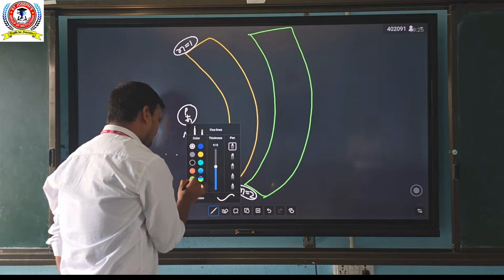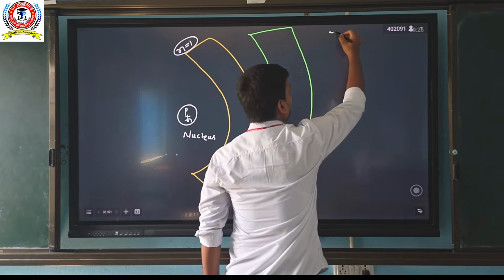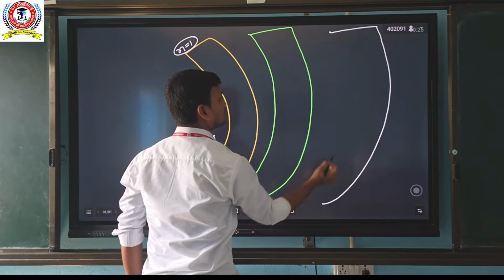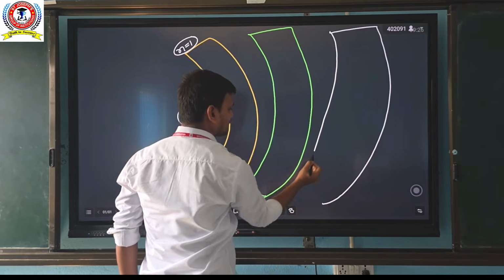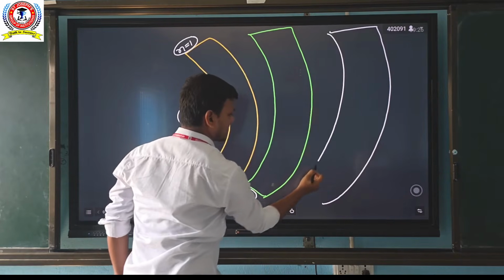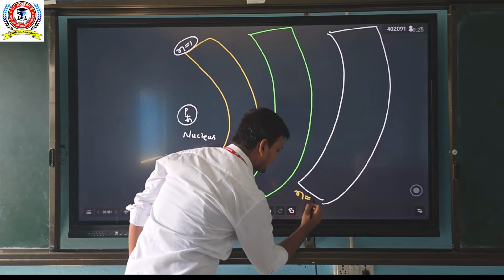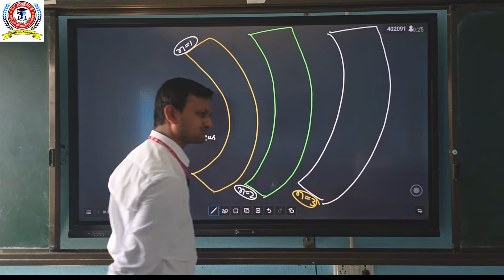And after the second cell, the third cell comes. Suppose this is your third cell, and for the third cell the value of n is equal to 3.